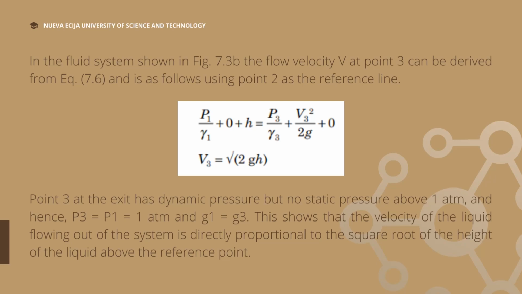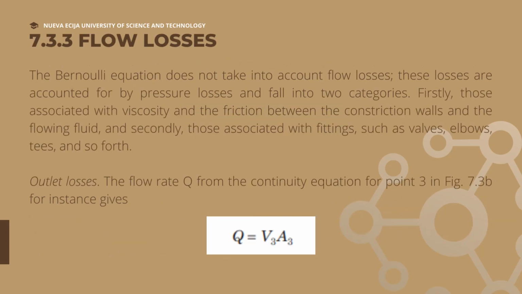Point 3, the exit, has dynamic pressure but no static pressure above 1 atm, and hence P3 equals P1 equals 1 atm, and the velocity terms at 1 and 3 are related accordingly. This shows that the velocity of the liquid flowing out of the system is directly proportional to the square root of the height of the liquid above the reference point.